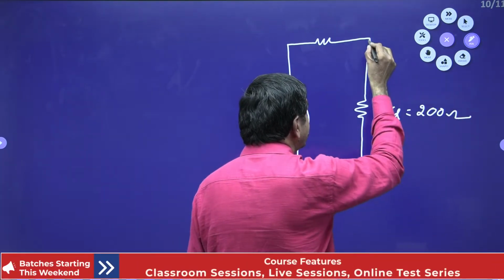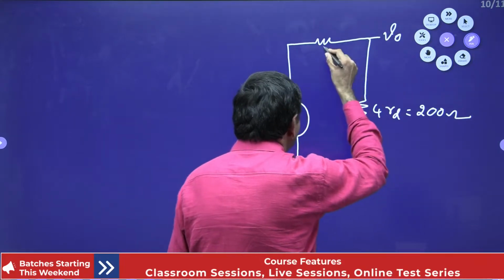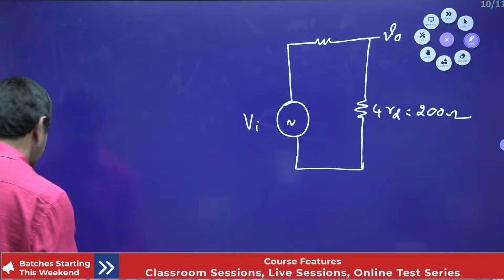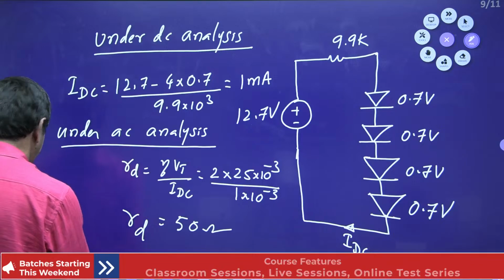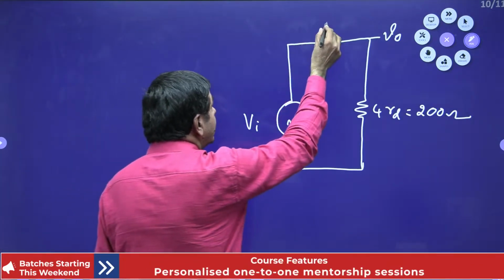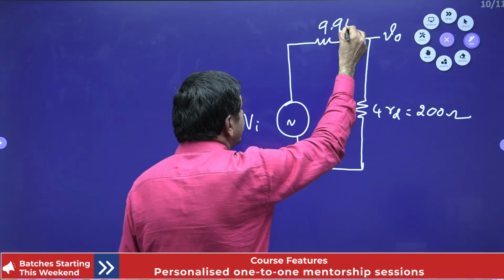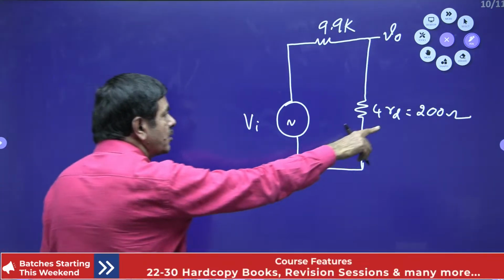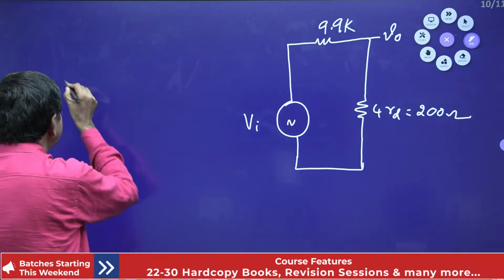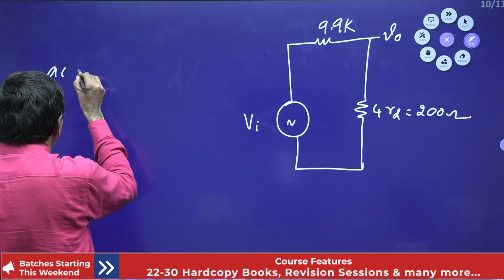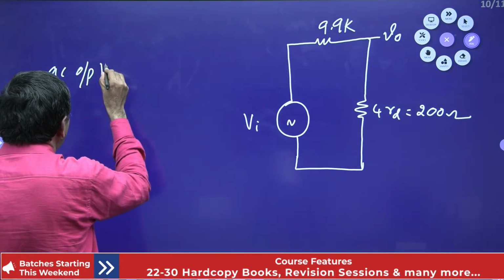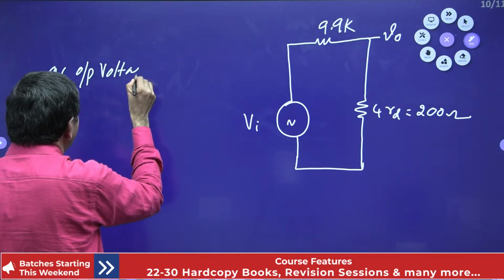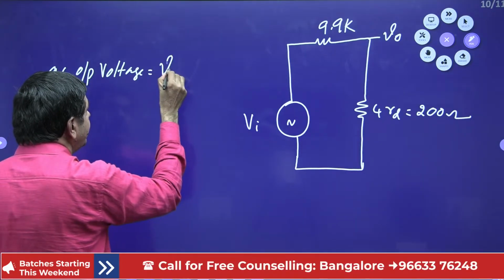This is V naught. The resistance given here is 9.9K. I wish to find V naught. V naught is nothing but the voltage across this 200 ohms, the AC output voltage.